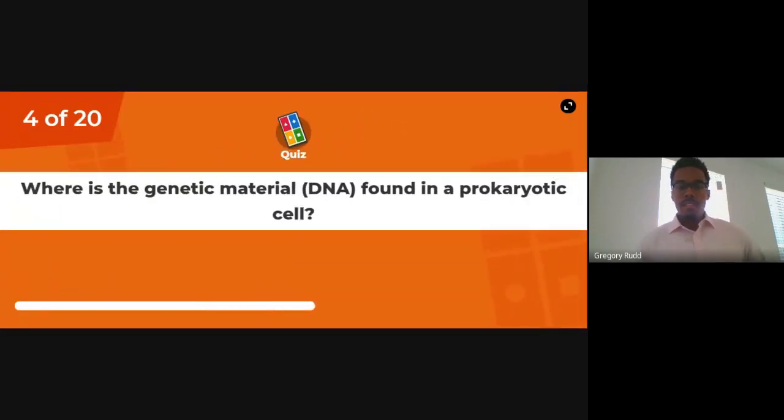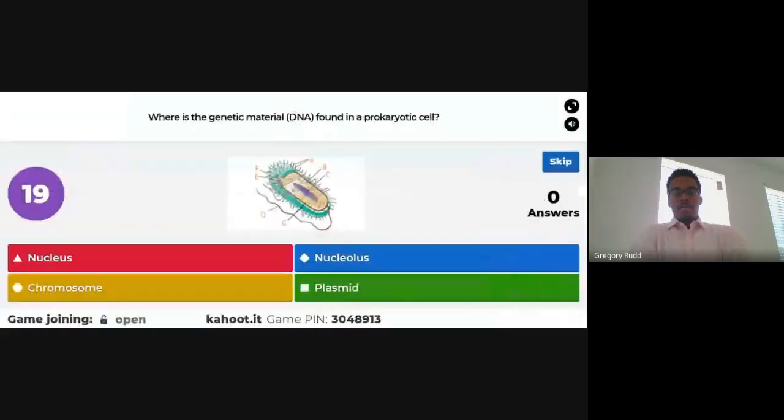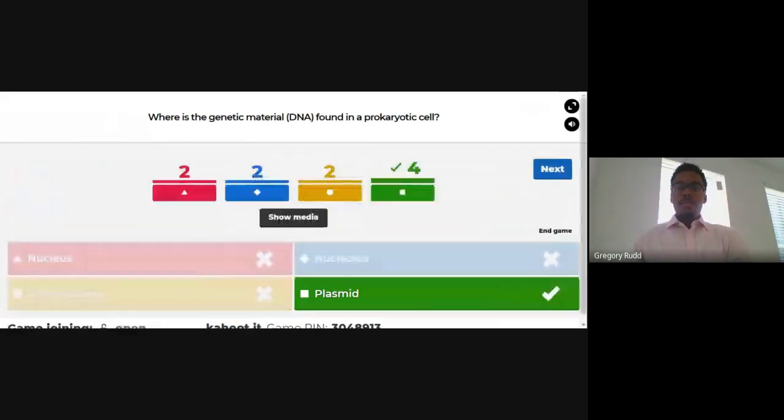Where is the DNA found in a prokaryotic cell?